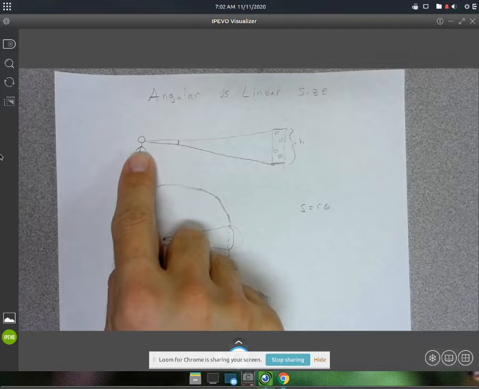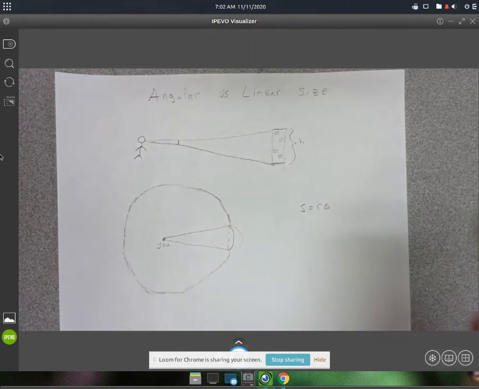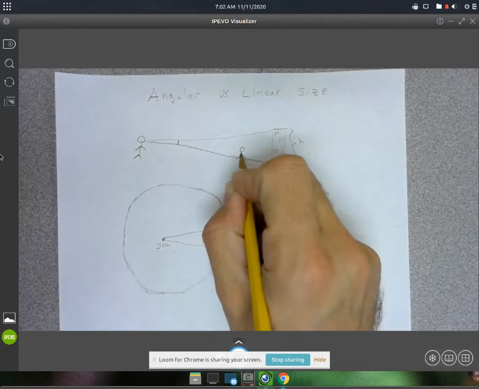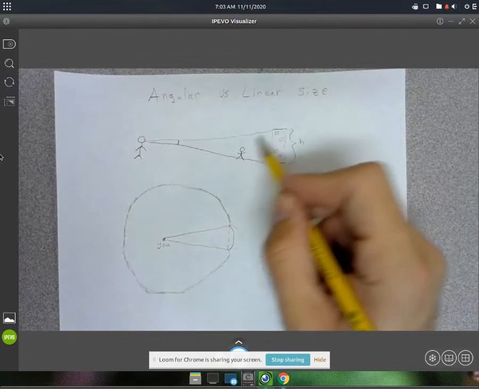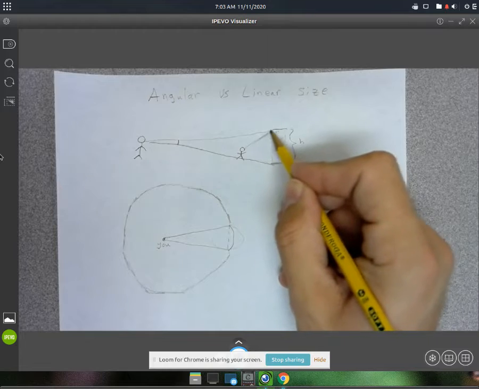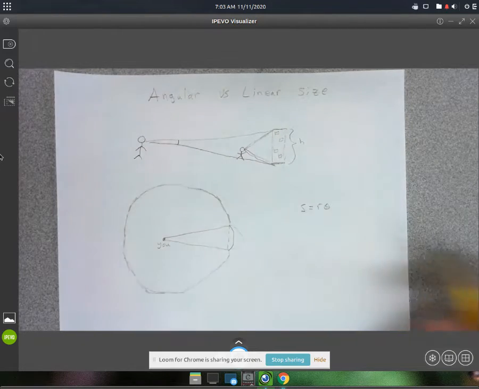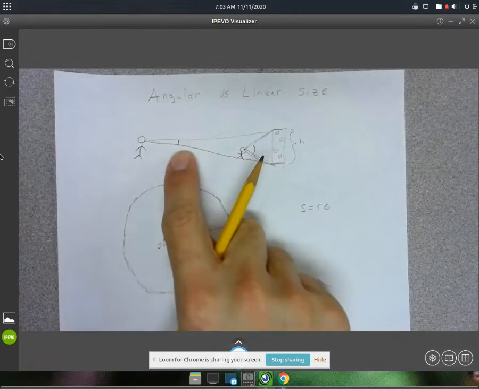Or the closer that he gets towards the building, like if he gets right here at the building, he still has the same size, but the angle that's created from his point of view changes. If he's looking from here, the top of the building to the bottom of the building, that's a much larger angle than what it started out as.